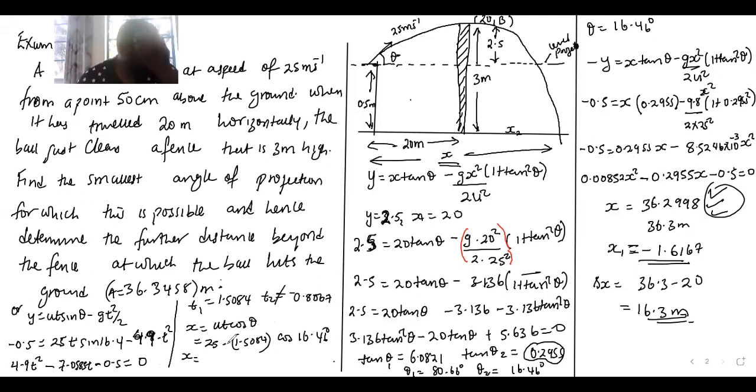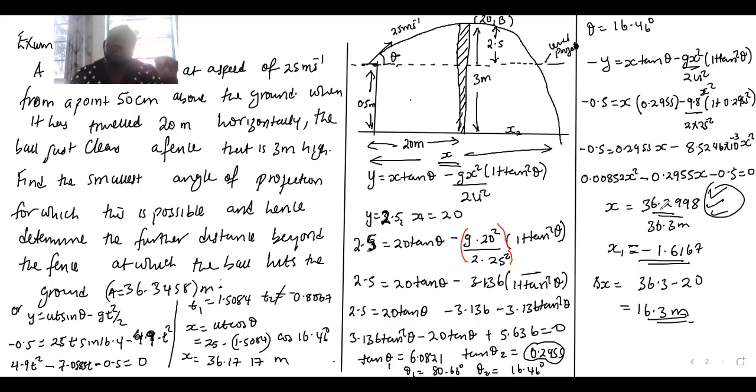Should be getting 36.1. 36.1757, which is approximately 36.17. You have just missed out some decimal places, but it is close to that.